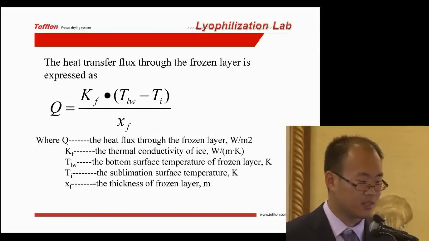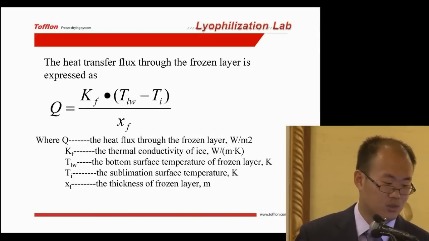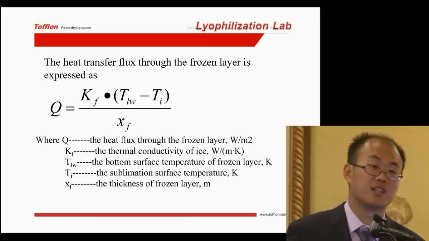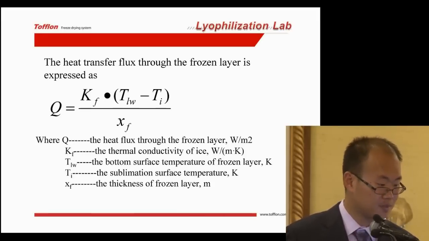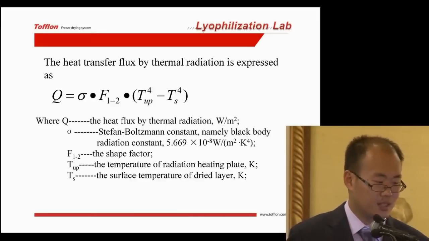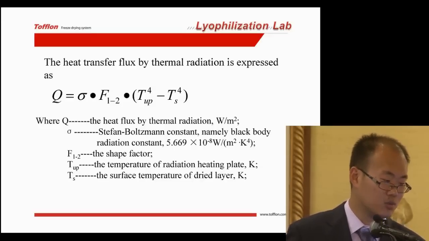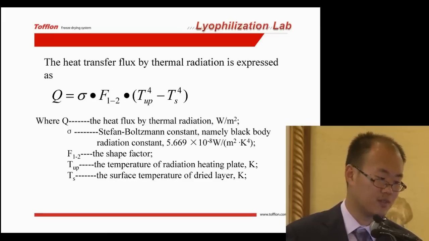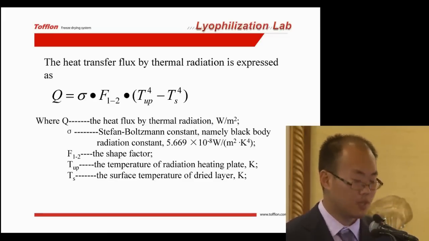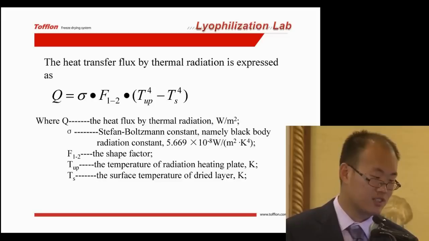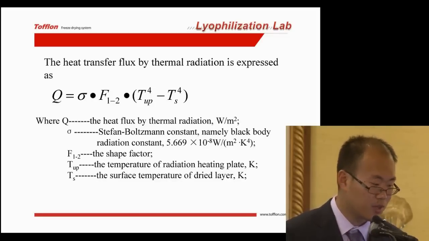The next is the heat transfer flux through the frozen layer. The frozen layer is also here, and we express this. And the next, heat transfer flux by thermal radiation. So there are three cases and two kinds of heat transfer. If we put some product in the freeze dryer, we usually consider the mass and heat transfer. It's also very important.